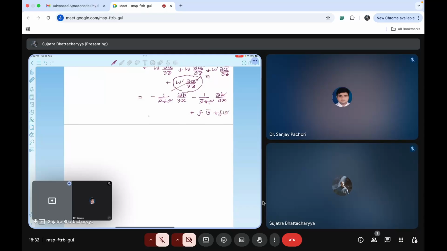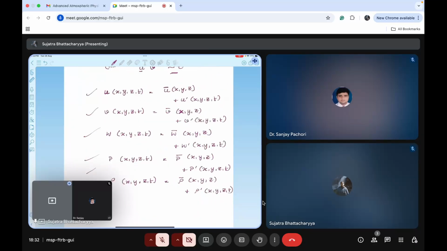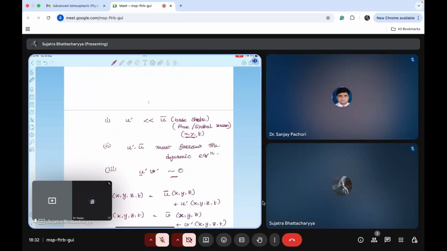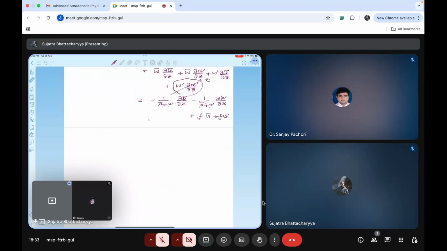Next thing we can do is use the second point, that both the base state as well as the perturbed state must follow the dynamic equation. So let's say the base state follows the equation.